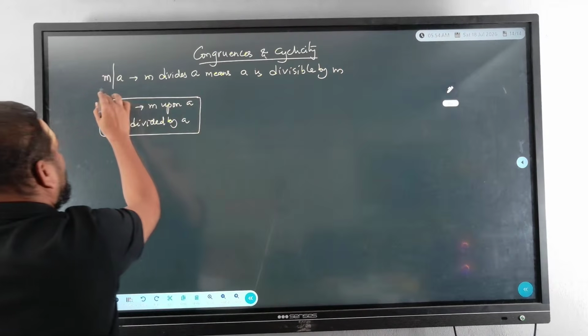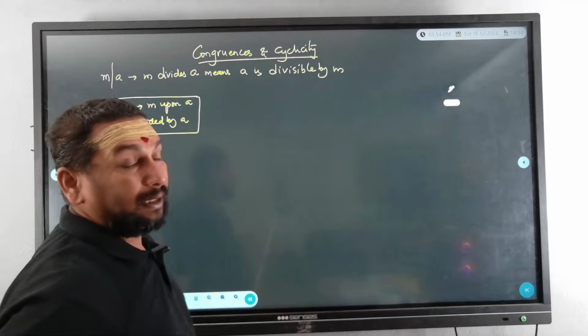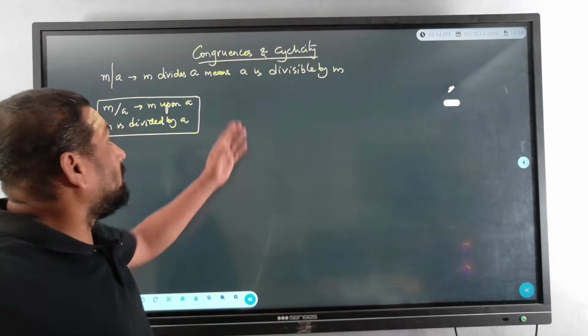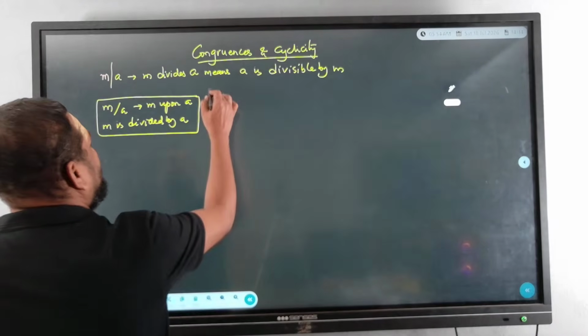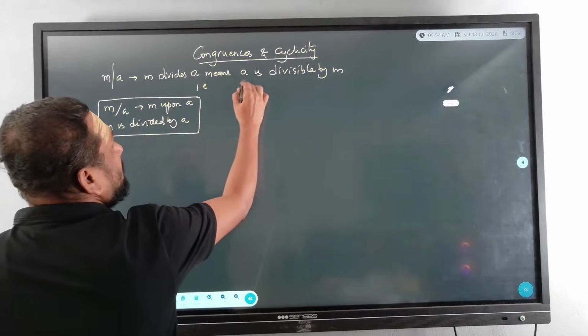Observe the difference here: m divides a, and a is divisible by m.